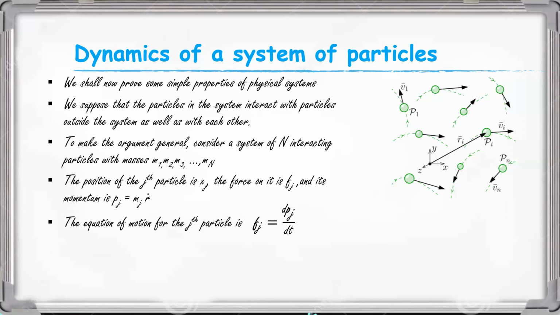The equation of motion for the jth particle is given by Fj is equal to dpj by dt. The force on particle j can be split into two terms. Fj is equal to Fj internal plus Fj external.